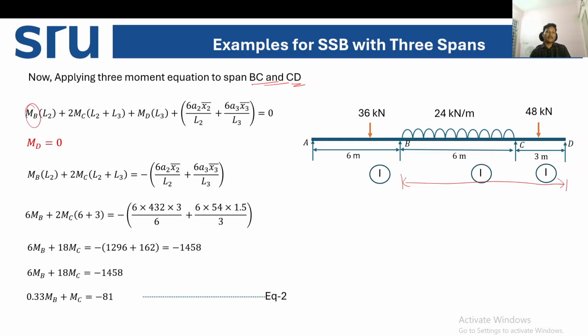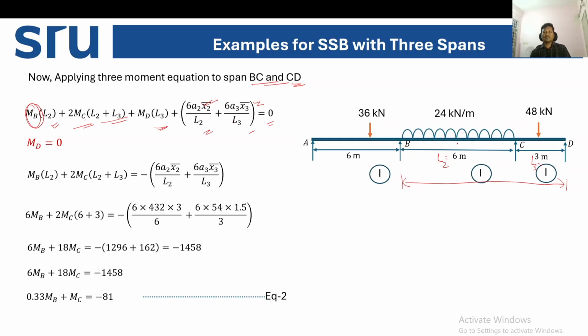Moment B, that is MB into L2, plus 2MC into L2 plus L3. This is L2 and L3, that is the span length related to span BC and CD. Then plus MD into L3, plus 6A2 X2 bar by L2, plus 6A3 X3 bar by L3, is equal to 0.